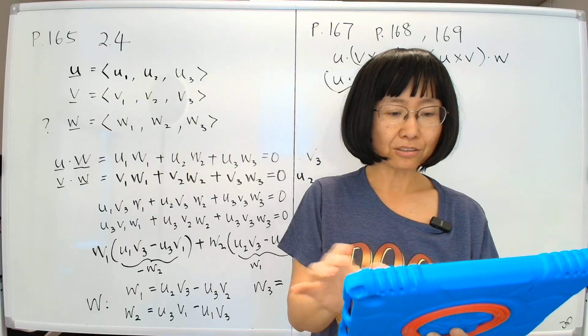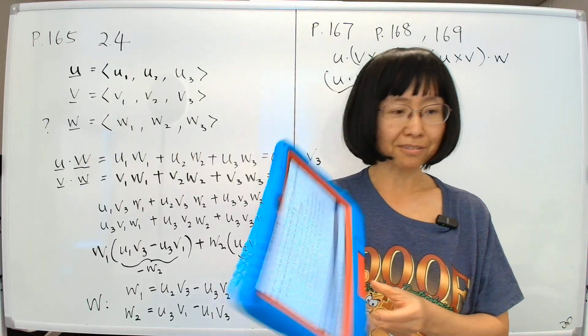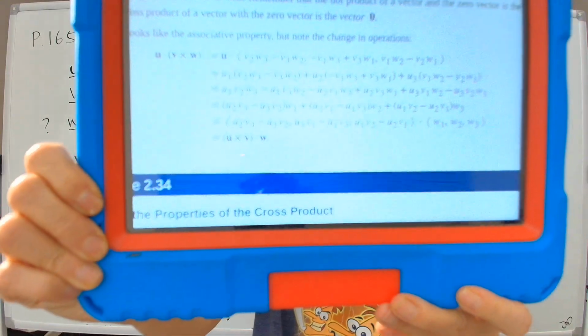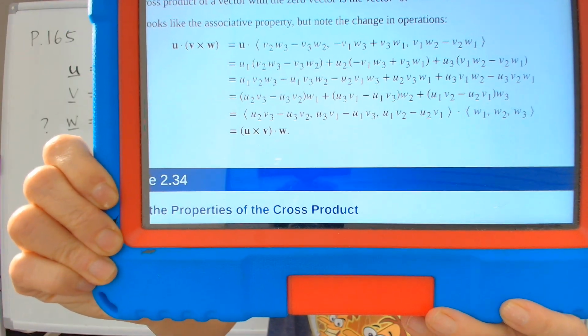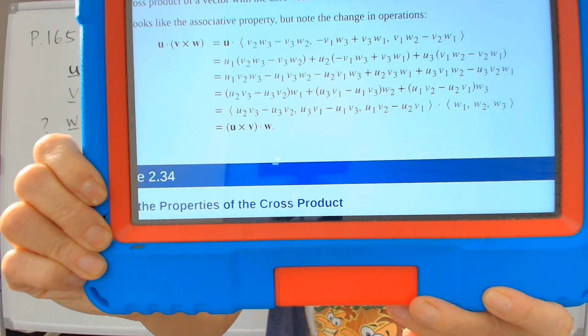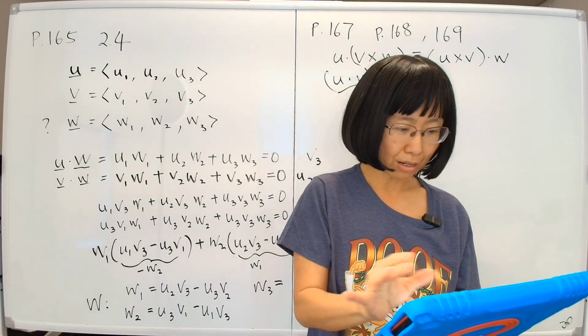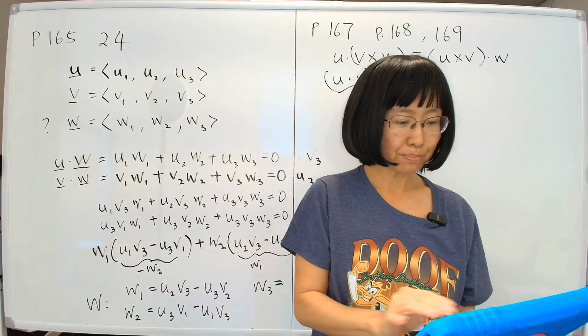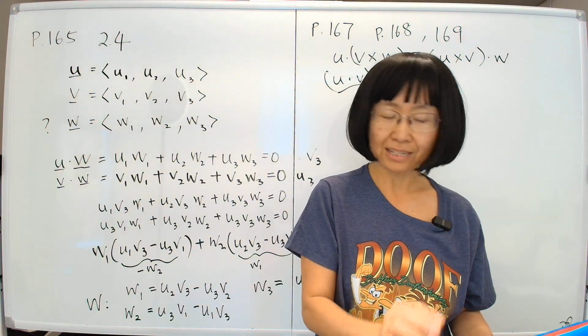And lastly, the scalar triple product is more complicated, but no harder. You write every single thing out, and then eventually you realize that it equals that other thing as claimed. So please do that as your homework as well, which is to prove properties 1 and 6 as part of your homework.